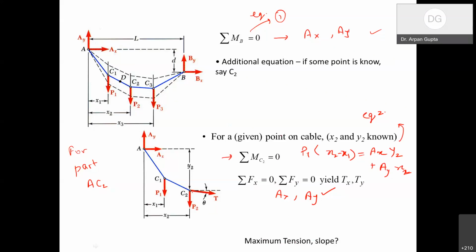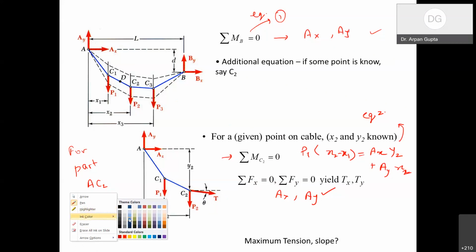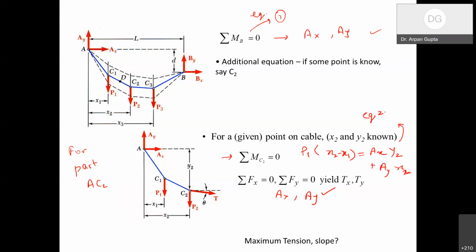So now here at point C2, not just at point C2, but for this part AC2, if I write the force balance, if I do summation of Fx equal to 0, it says that Ax plus T cos theta, where theta is this angle, should be equal to 0.